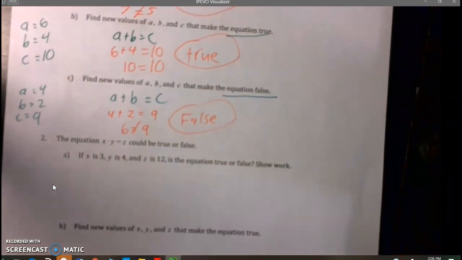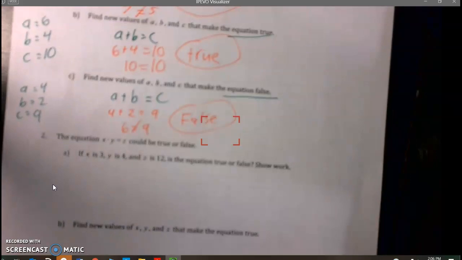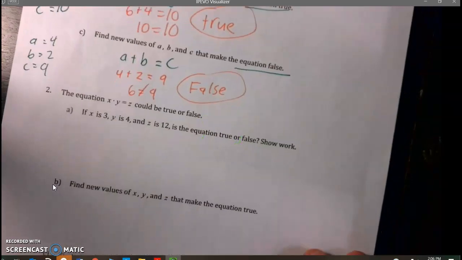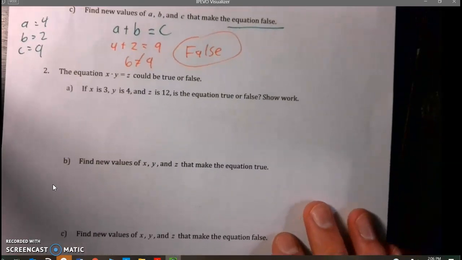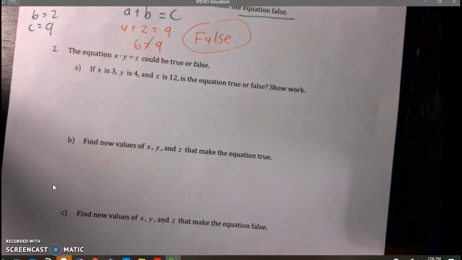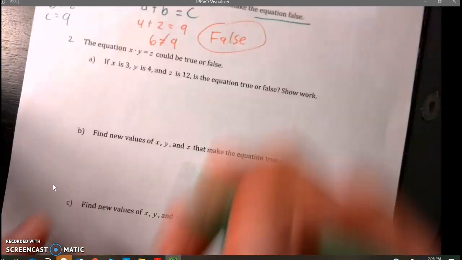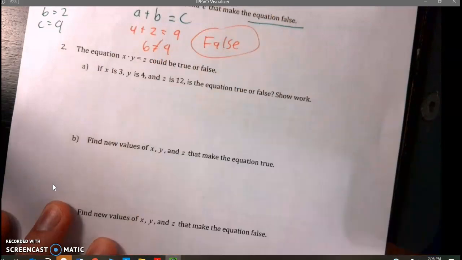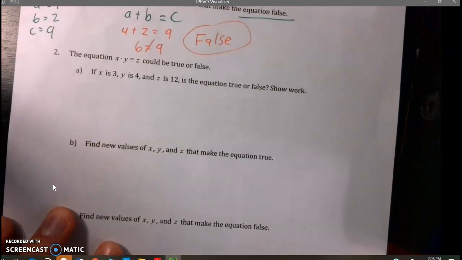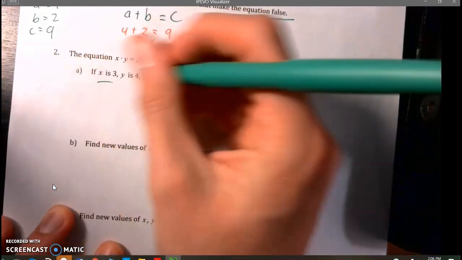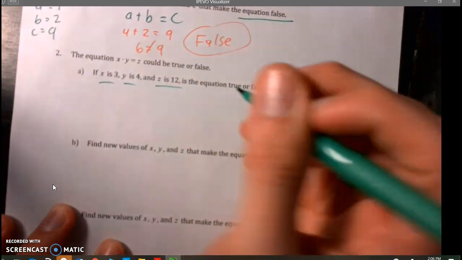Alright, so now we can move on to number 2. Same thing as before, but here we're working with multiplication. They've given us, once again, values for our variables. They're saying x is 3, y is 4, and z is 12.